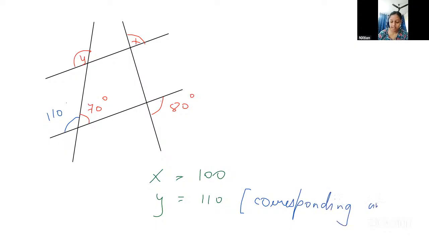Same thing you did here also. This is 80, so this will be 100. And now this is 100, so the above one, X, will be 100 again because of corresponding angles. Right? Correct, Abraham. X is 100, Y is 110.